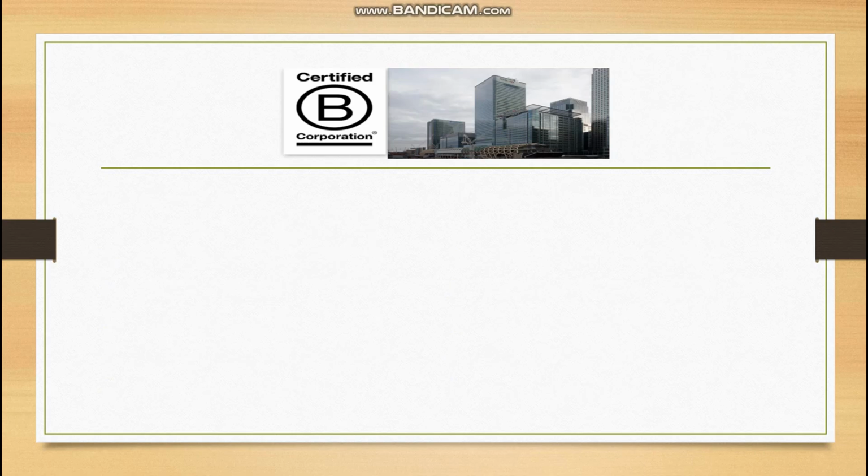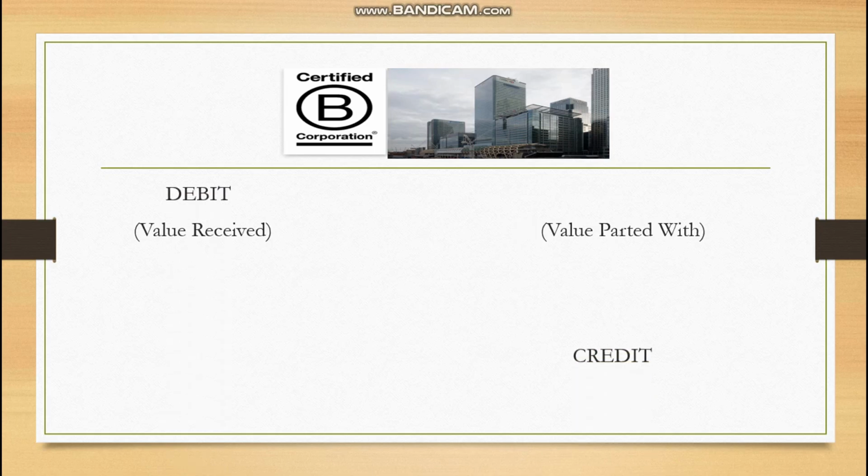Now, let's apply our learnings of the value received and the value parted with. Because you already understood the concept, you are now ready to understand the debit and the credit of the accounting transactions.